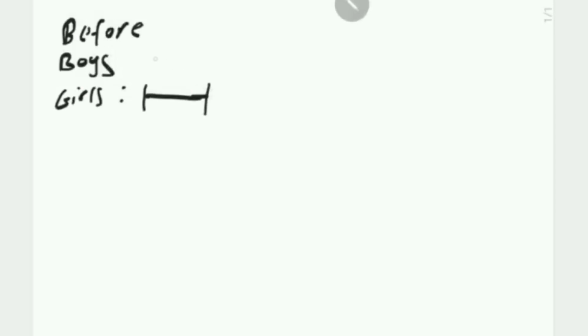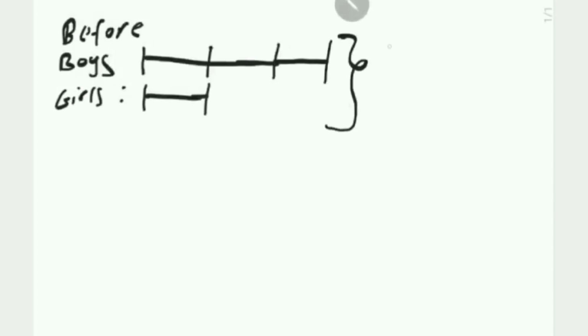Girls have 1 unit, then boys should have 3 units, because the question says that the ratio of the number of boys to girls is 3:1. Notice that in the question here, we were not given the total number of boys and girls. We don't know that yet, so let's put a question mark.